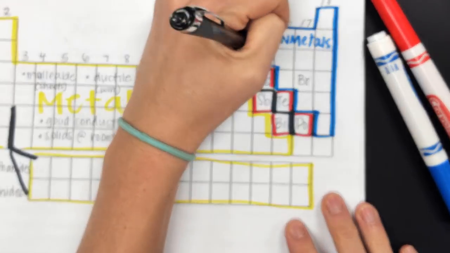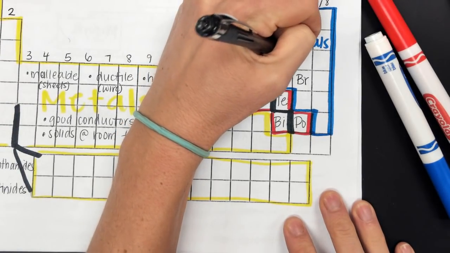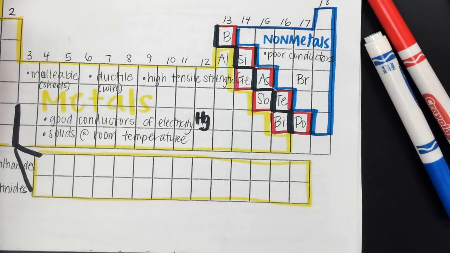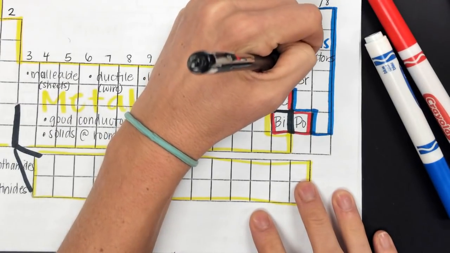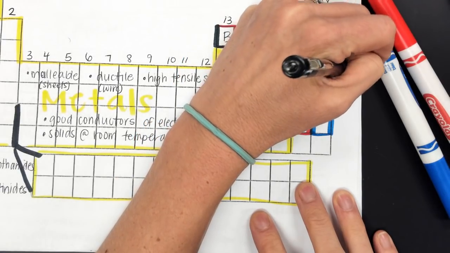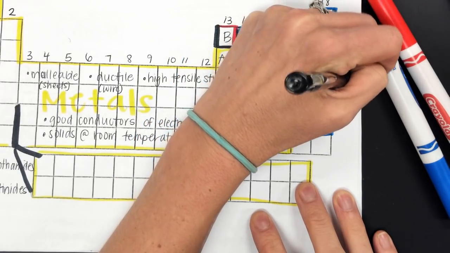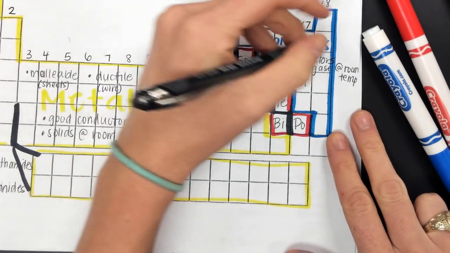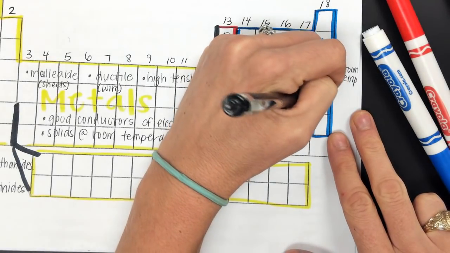Okay, these elements are poor conductors of electricity. Many are gases at room temp, and some are solids at room temp.